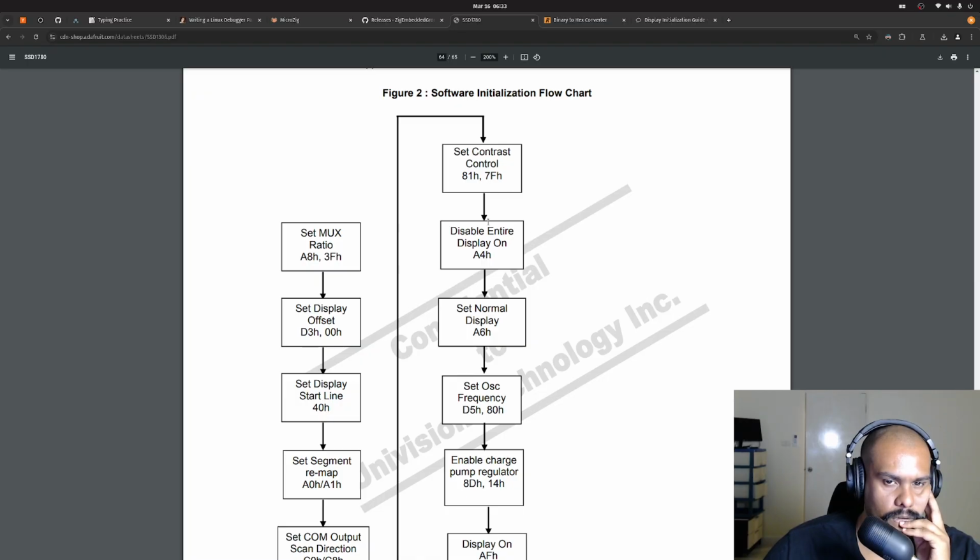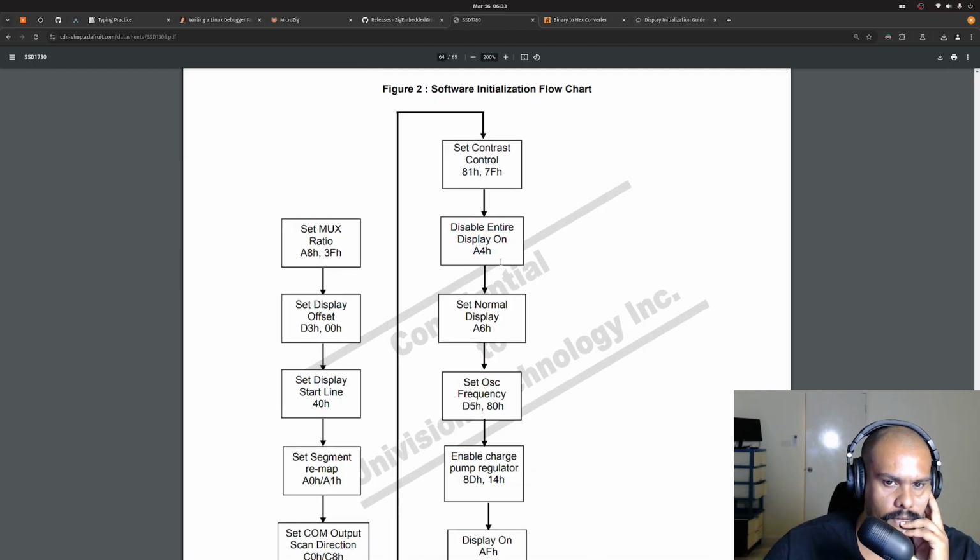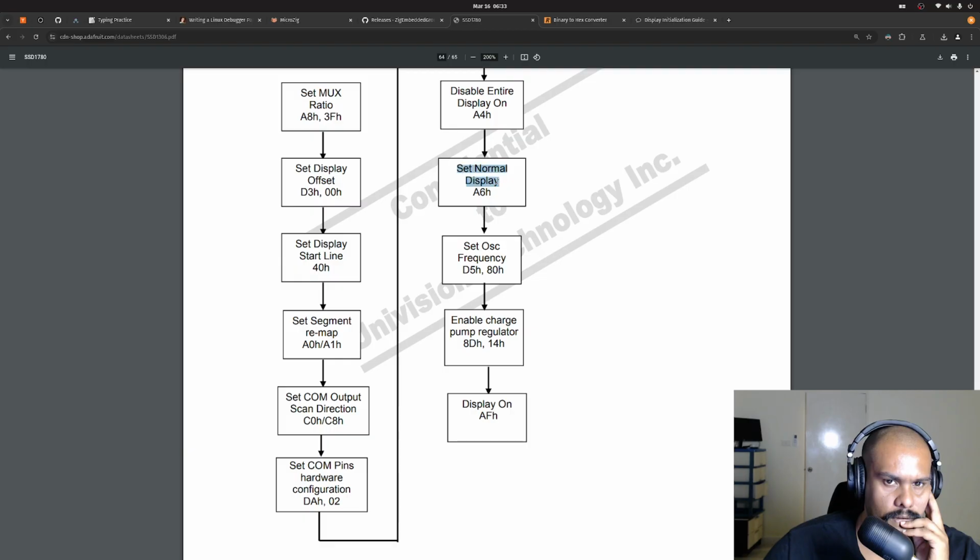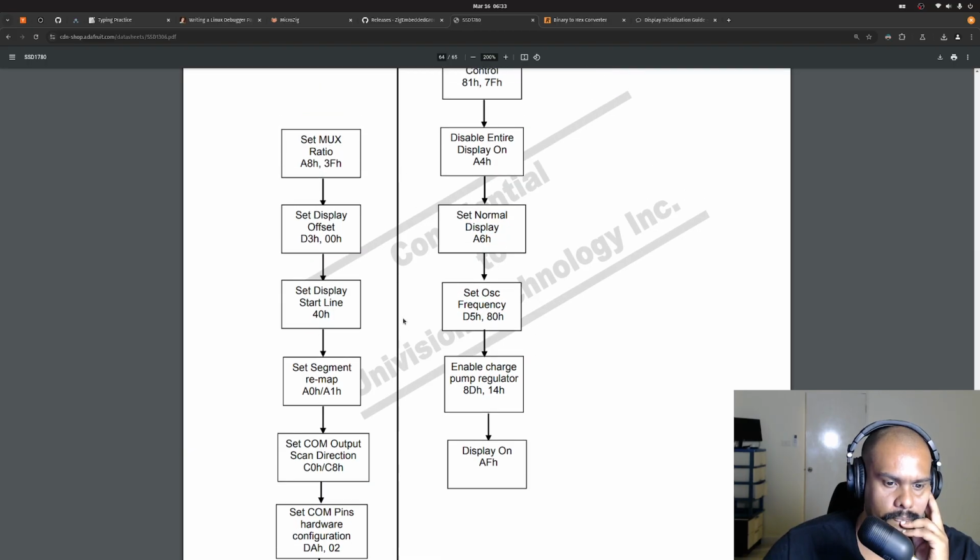Set contrast. Normal display. Display on AF.